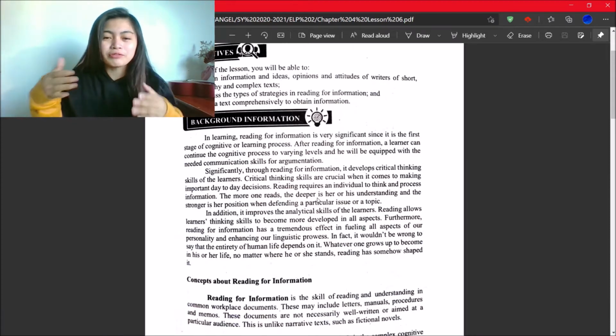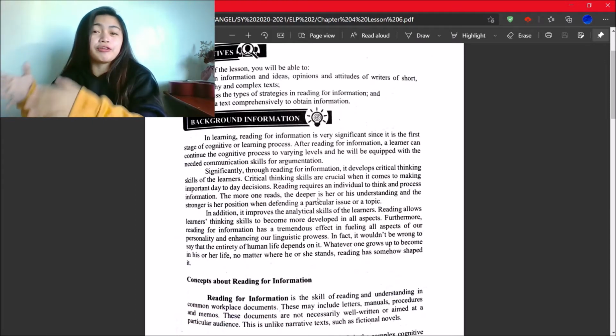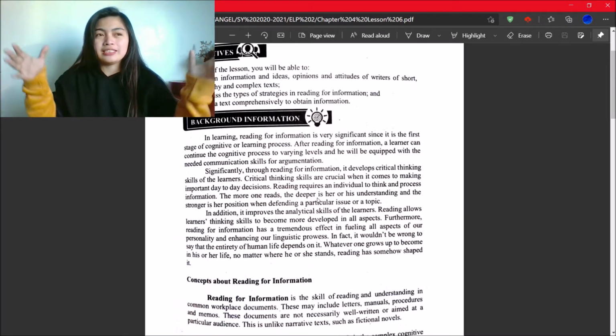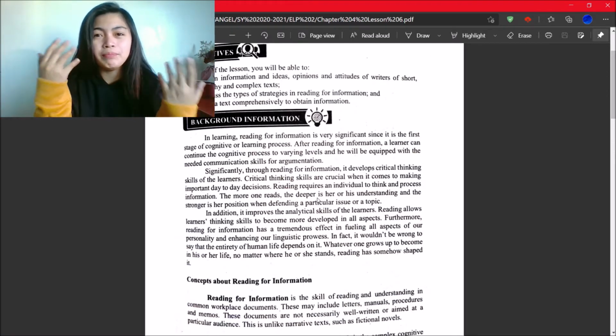Parang ganun. So, when you read, you actually acquire step by step the little things. And then, at the end of your reading, you will come to realize that you have completed a bigger picture.